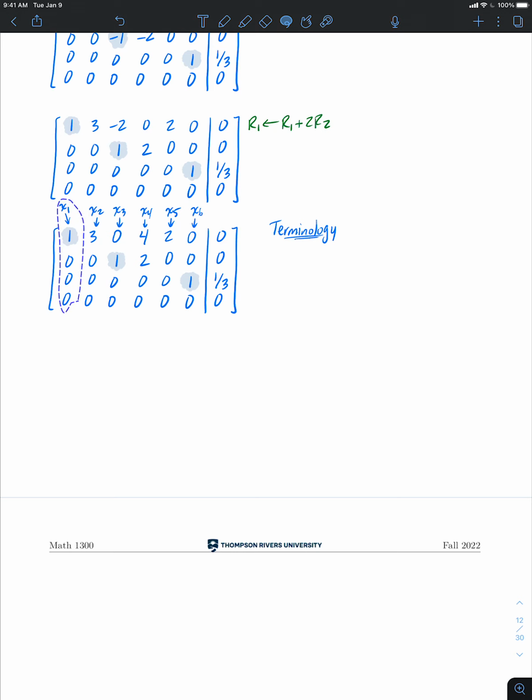So x1 corresponds to a pivot column, x3 corresponds to a pivot column, and x6 corresponds to a pivot column. So because those variables correspond to pivot columns, we call them basic variables. So I'm just going to add that as a comment. x1, x3, and x5 are basic variables.